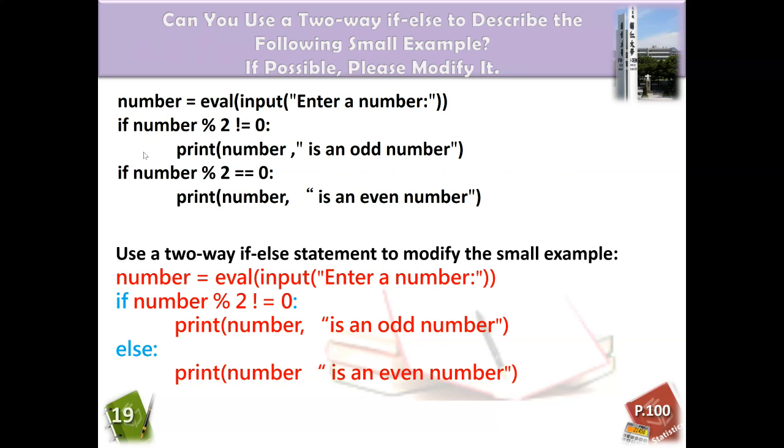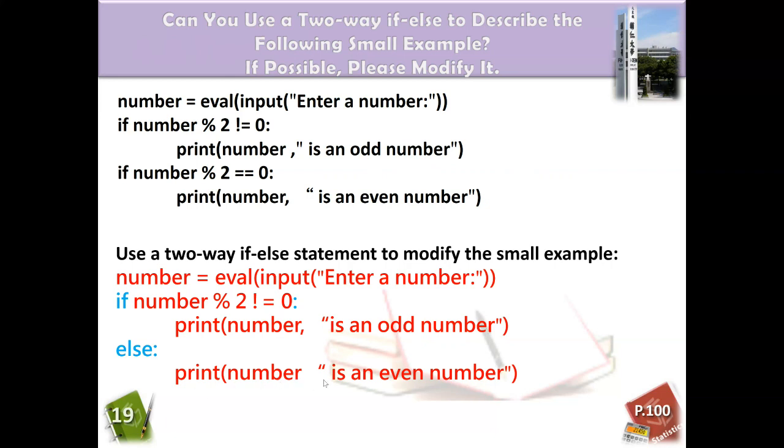But actually, if these two ifs are totally exclusive, then we can use if and else. So when you transfer into the if-else, it would be that way. Number equal eval, input a number, enter a number. Then if the number remainder 2, yeah, not equal 0, colon, we will print the number is an odd number.